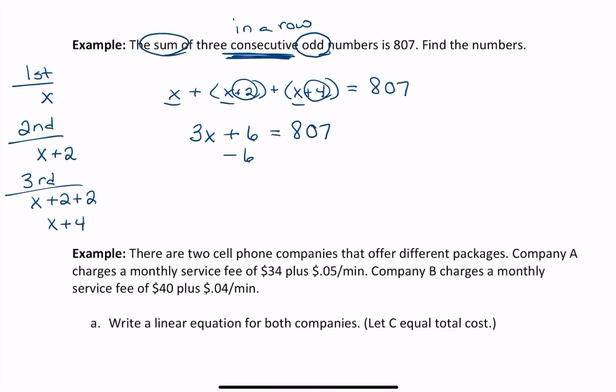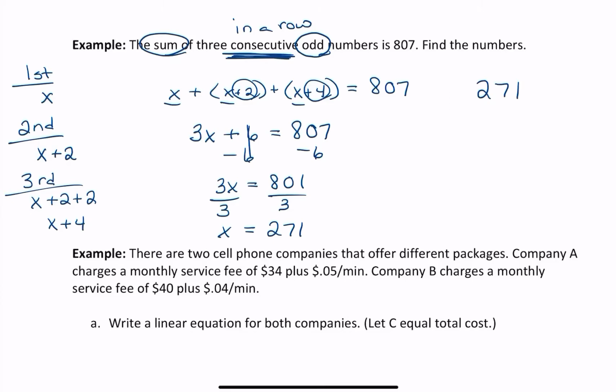And I'm going to subtract 6 from both sides, which gives me 3x equals 801. And then when you divide that by 3, that'll give you x equals 271.